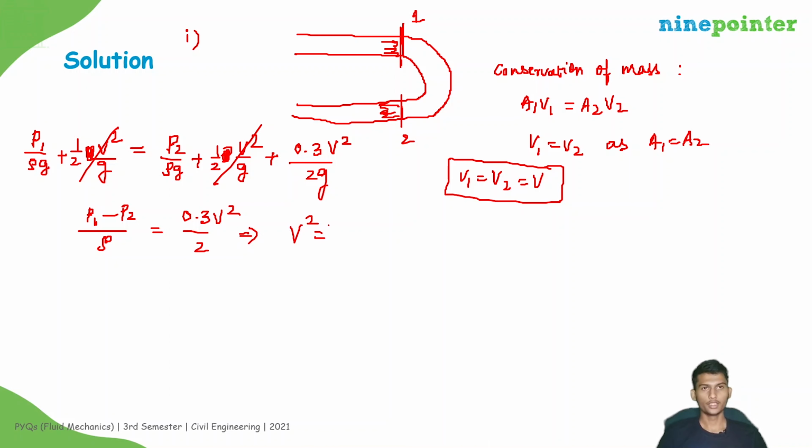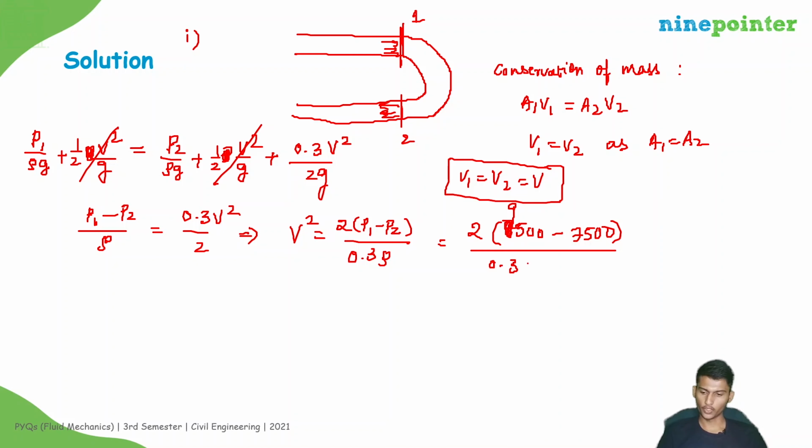So V square will be equal to 2 into P1 minus P2 divided by 0.3 rho. We already know the value of P1, that is 9,500, minus the value of P2, which is 7,500, divided by 0.3, and rho of water is 1000. So we get 2 into 1000 divided by 0.3 into 1000.